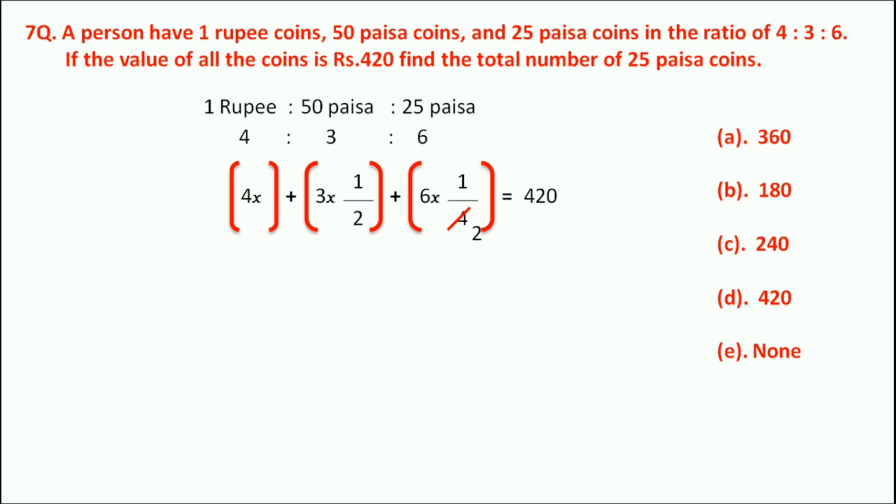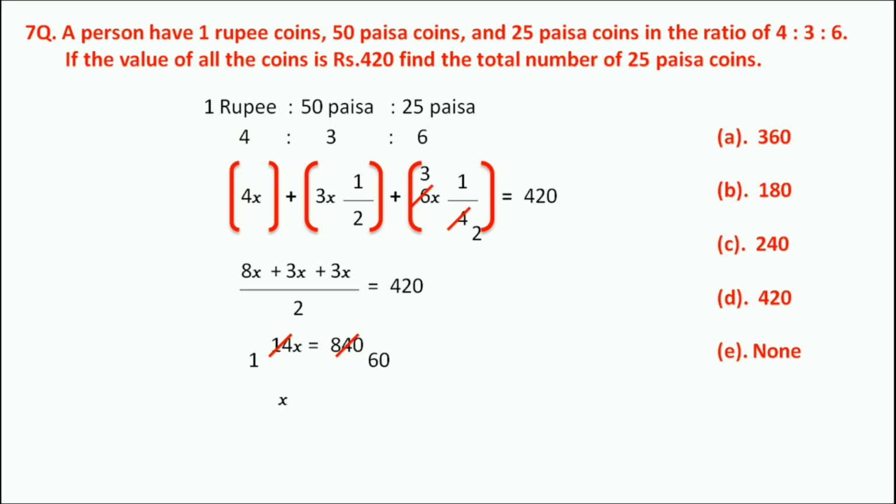2 2s are 4, 2 3s are 6. Take 2 as the common denominator. Then we get the numerator as 8x plus 3x plus 3x, which is equal to 420 into 2. 8x plus 3x plus 3x is 14x, and taking the denominator to the other side of the equation we get 840. 14 ones are 14, 14 60s are 840.